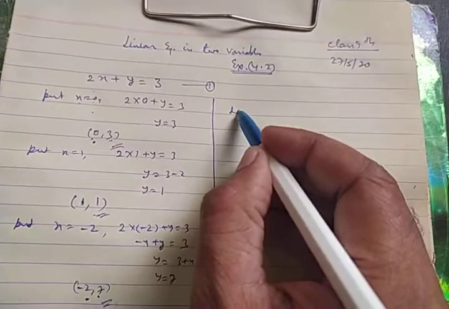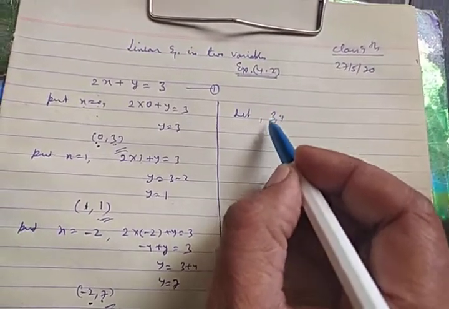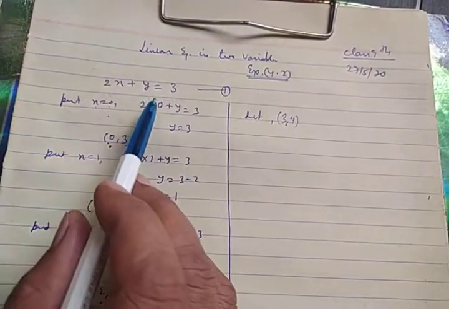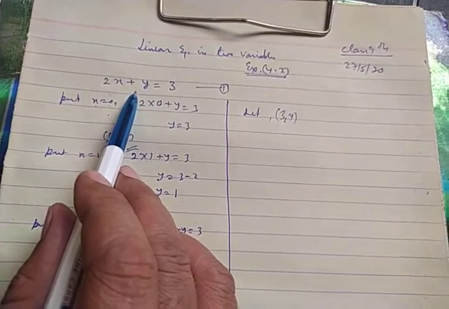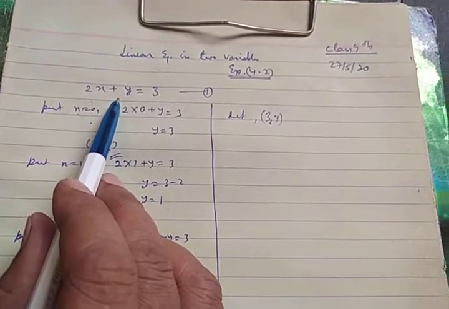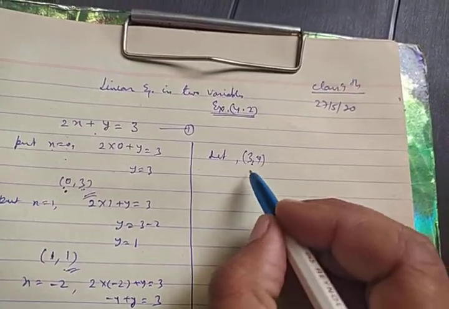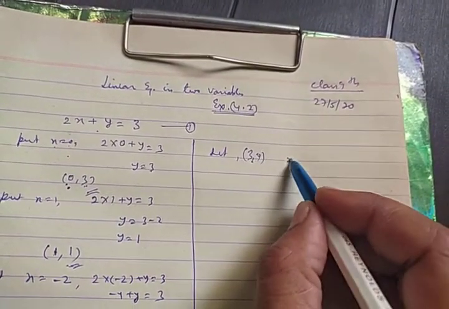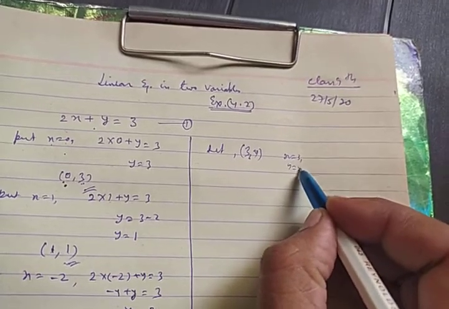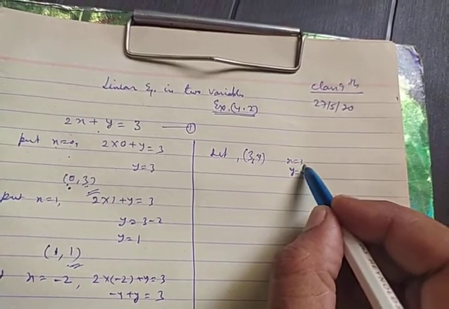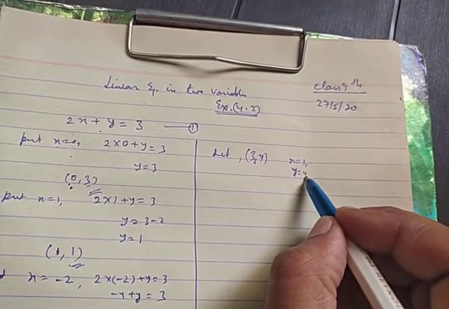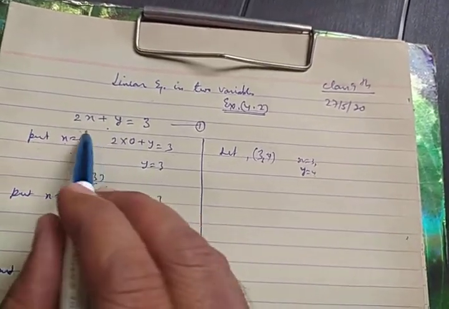Suppose I am taking a point 3 comma 4. Whether this point will satisfy this equation or not, this will be checked. How? It means for this point x is equal to 3 and y is equal to 4, you will substitute 3 for x and 4 for y in this equation.